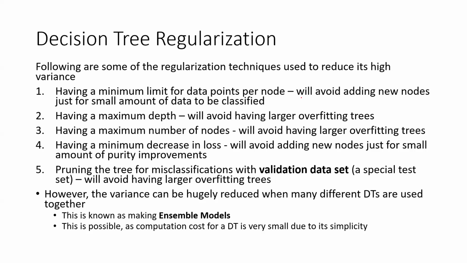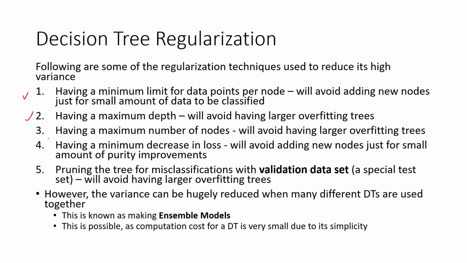So you are not going to add more and more nodes to classify a smaller number of data points. That is one of the regularization techniques. And you can have a maximum tree depth, just as I explained. This would avoid having larger trees, which would have much overfitting, right?